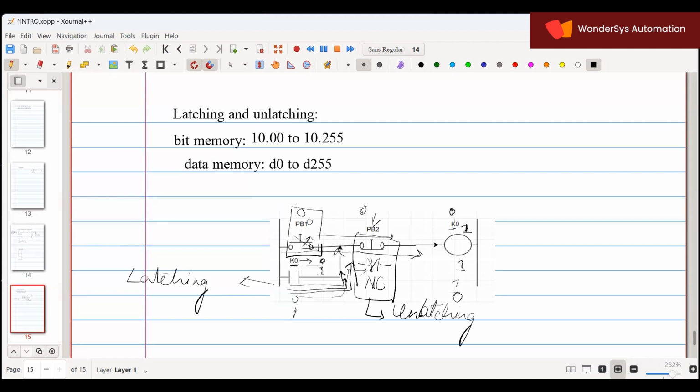Whenever we connect any switch in parallel, making the output continuously on is called latching, and breaking that continuous signal is called unlatching. And here we can tell this connection as a sticky switch.